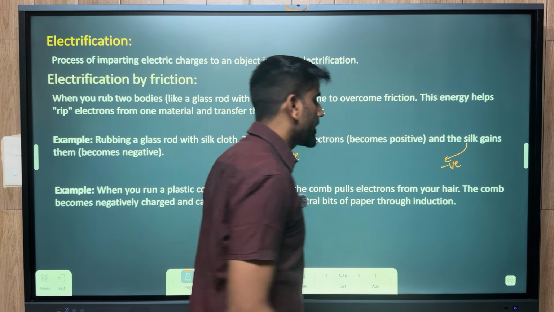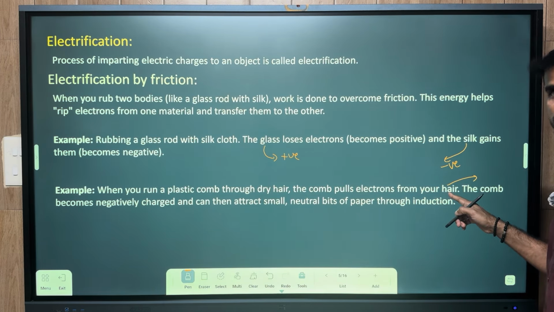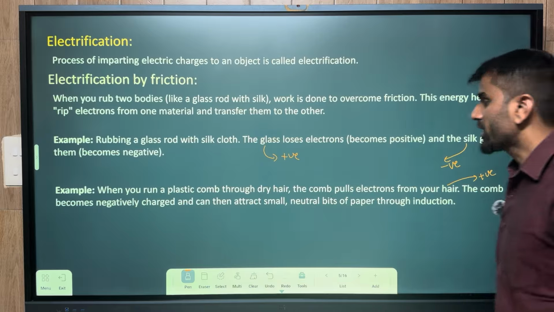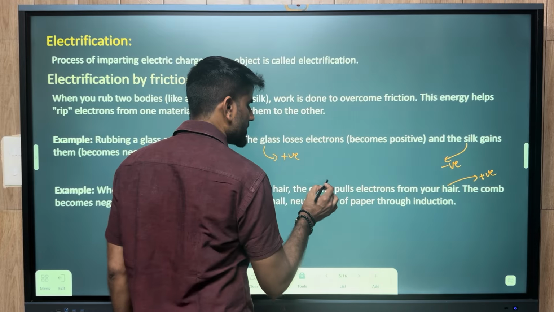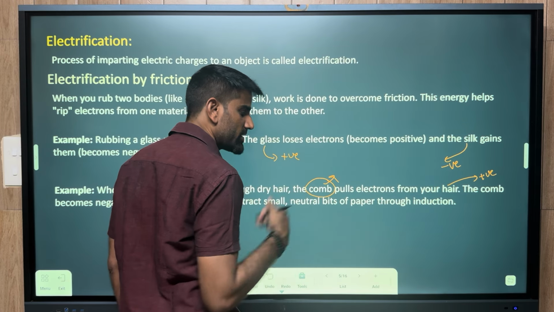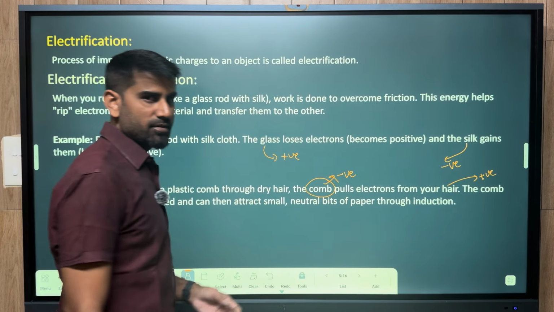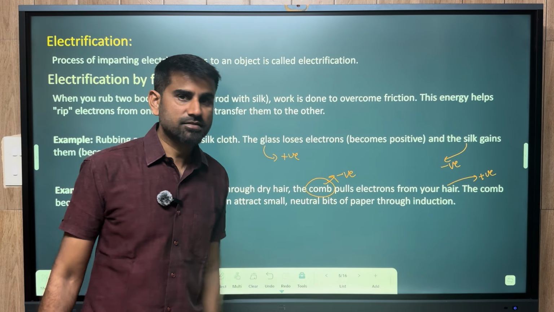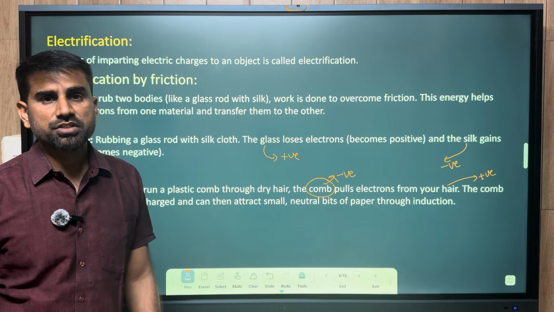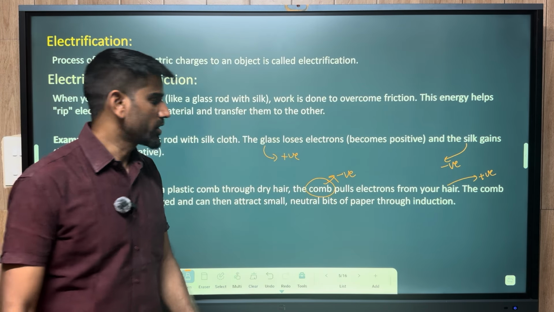That means hair lost the electrons, so it gains positive charge, whereas the comb has accepted the electrons, so it becomes negatively charged. After some time, once they gain these charges, positive and negative, when we keep them close to each other, they attract, they pull each other.